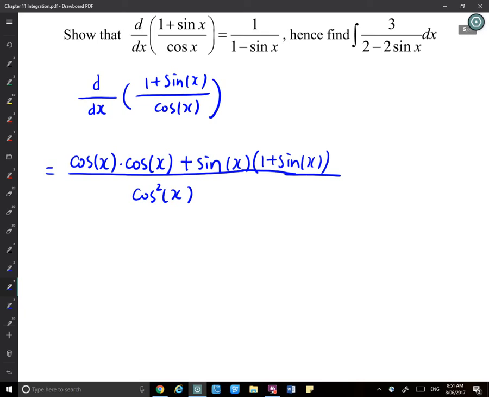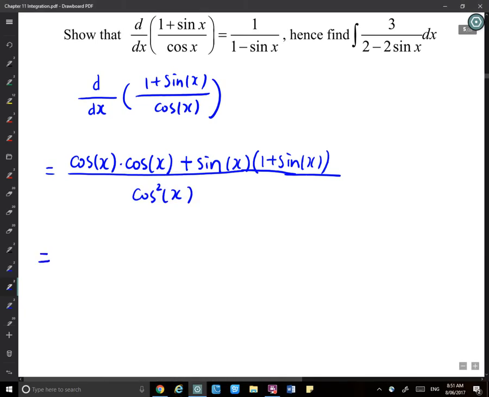What I will have here is cos squared x plus sine squared x plus sine x.